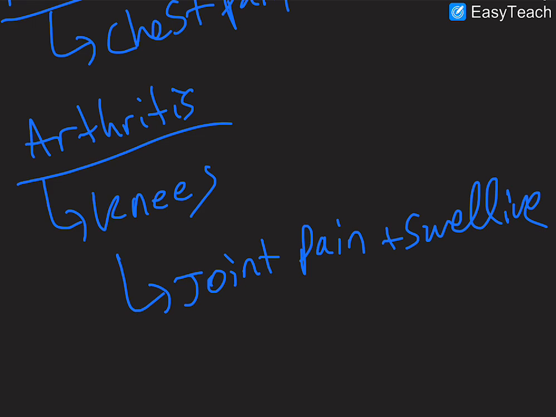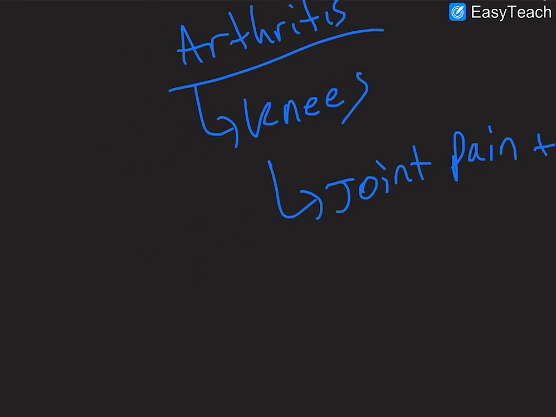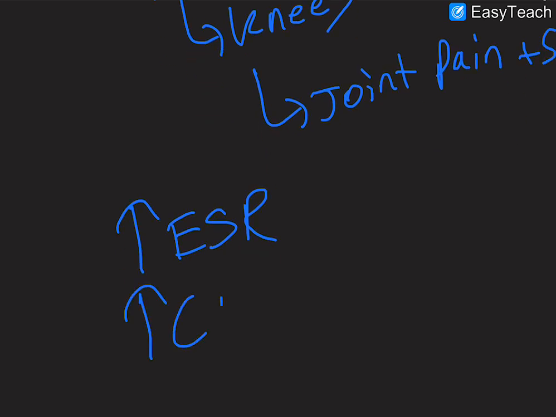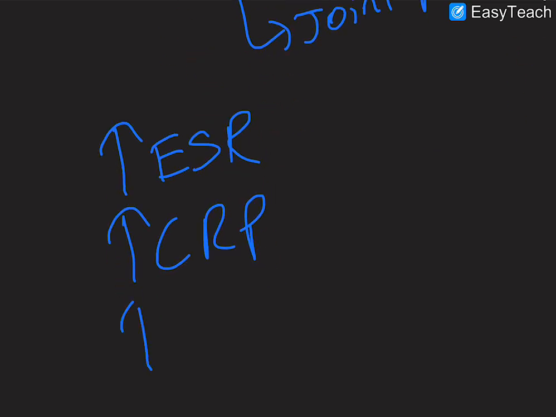Of course, we talked about if you do a blood test, you're going to see increased inflammatory markers like what? Like your erythrocyte sedimentation rate is going to be elevated, your CRP is going to be elevated, you'll have elevated serum amyloid A protein. And then something that you will find is no autoantibodies, right?